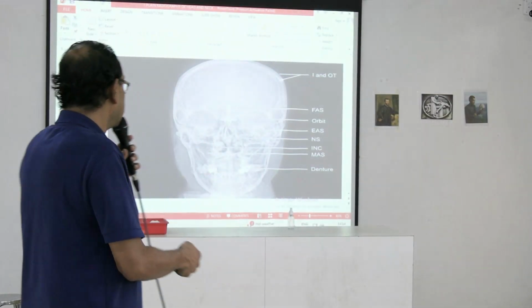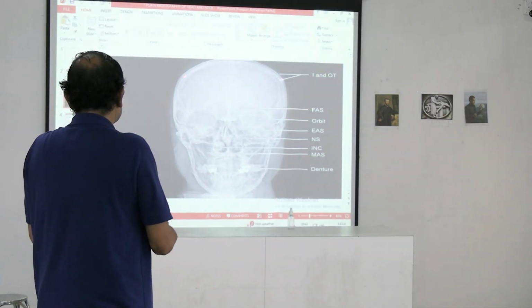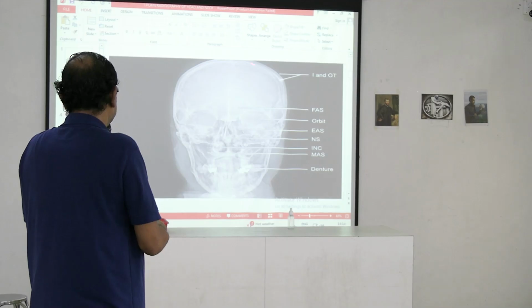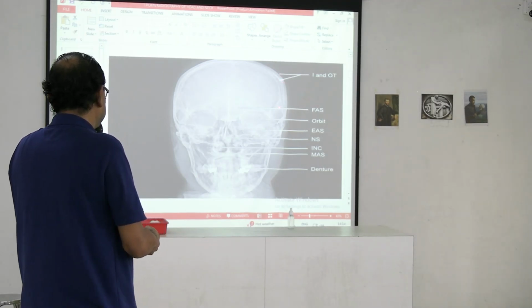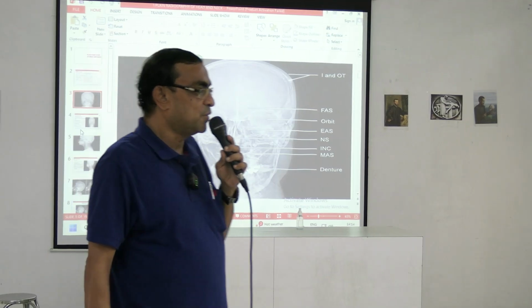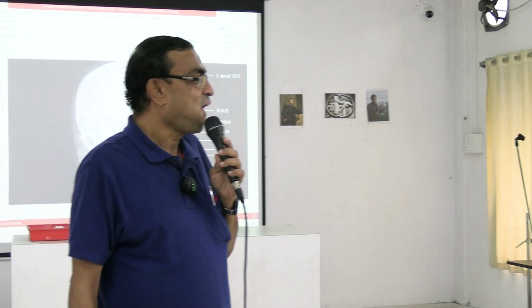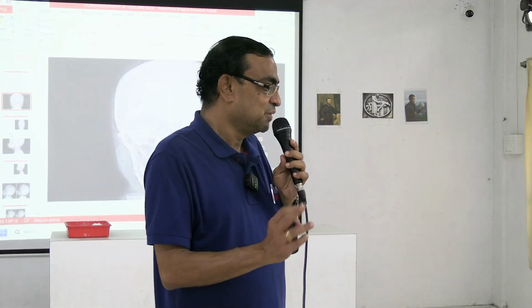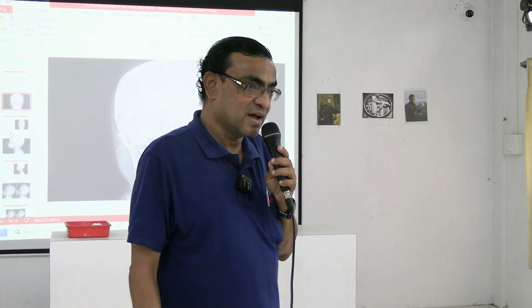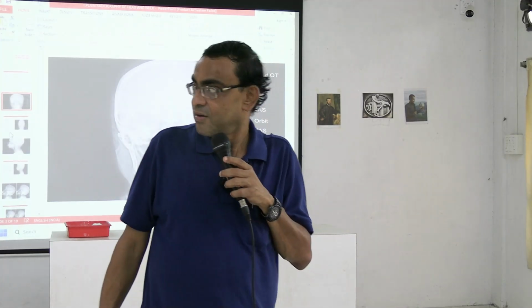In between the inner and outer table we can get trabecular tissue, trabecular meshwork-like structures.